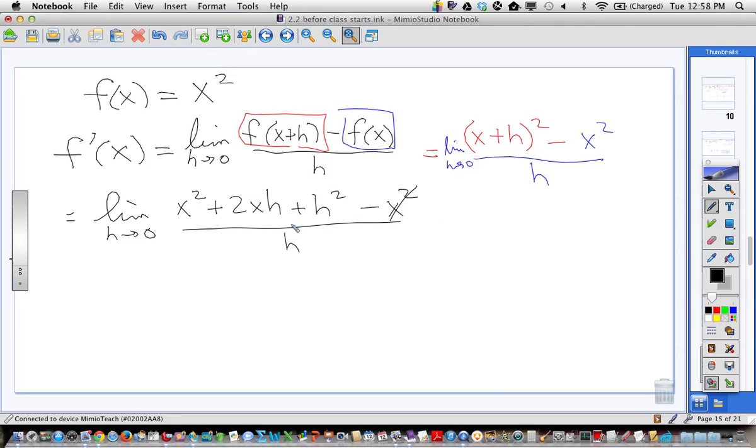The x squareds cancel out just like things canceled out before. We can factor out an h, which allows us to cancel an h.